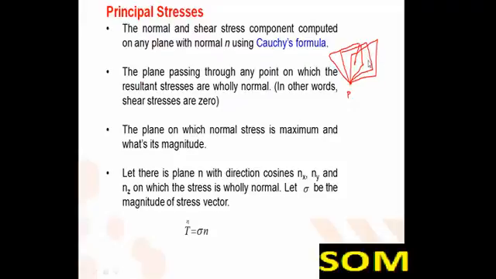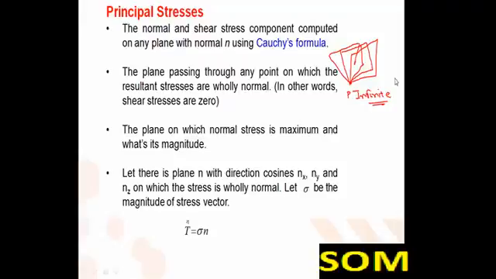So if we draw planes through a point, there are infinite numbers of planes passing through it. The plane on which the resultant stress is wholly normal and the shear stress vanishes, that means the shear stress component is 0, is known as the principal plane. The whole stress is normal stress, shear stresses are 0.